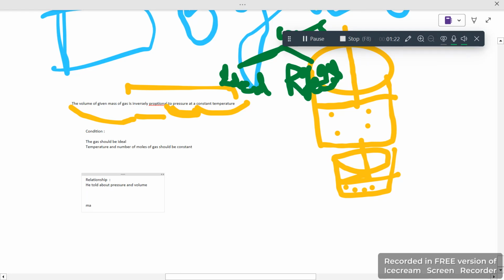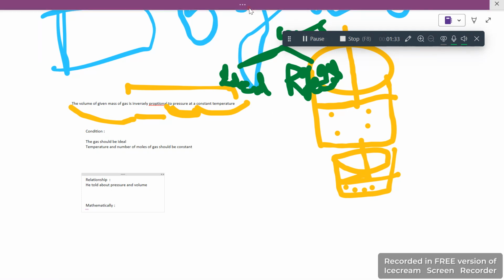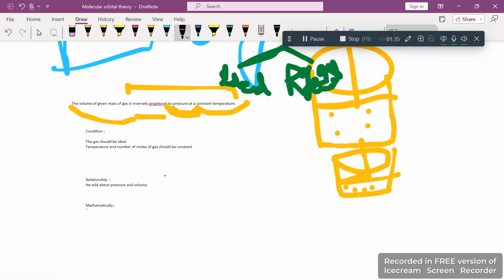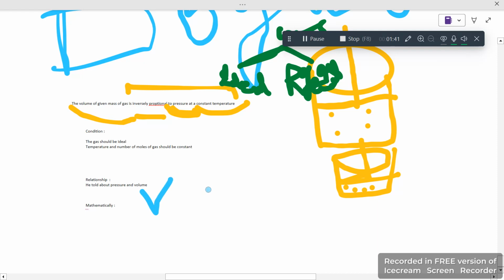Then if we write it mathematically, the term would be V, which is inversely proportional to pressure.